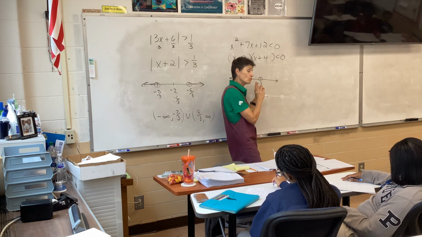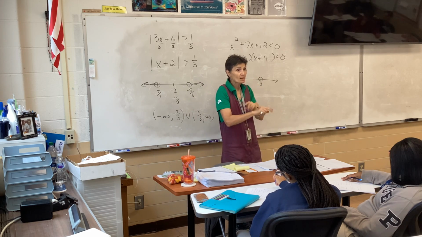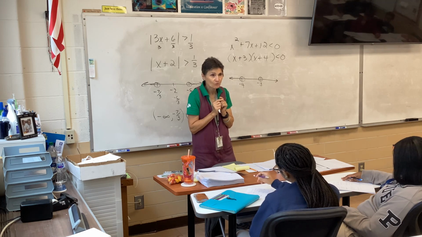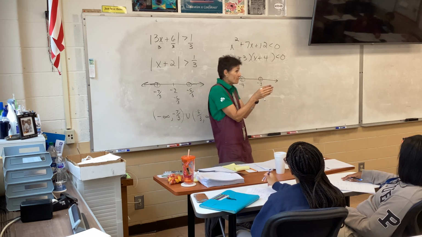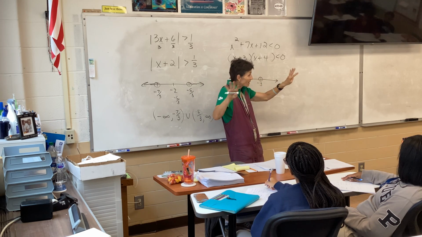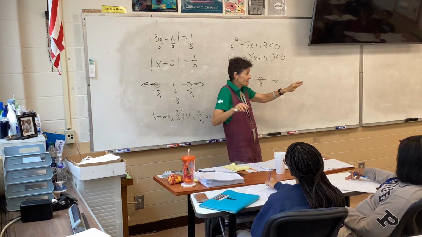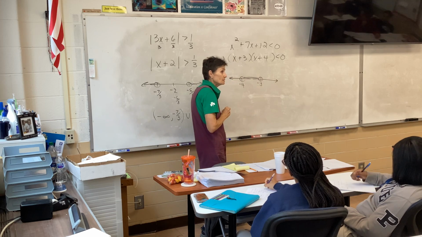This is a different kind of problem, but that phenomenon happens whenever you have 2 dots, okay? If you have 2 dots on your number line, no matter what kind of problem it is, you're either gonna shade between them, or you're gonna shade outside of them. You with me? Since this is a less than, I'm gonna shade between them.